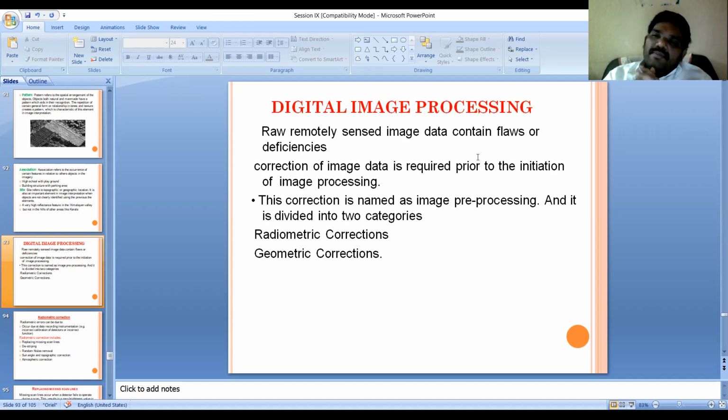Now here, before you apply anything to the digital images, you need to make those images fit for processing. That means the techniques we apply before processing to make those images fit for the processing are called image pre-processing.